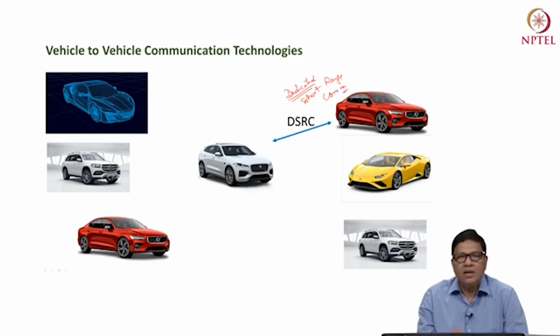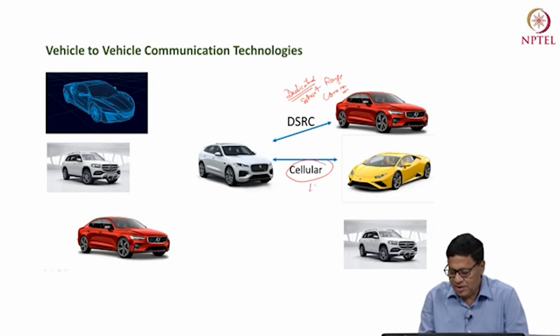We have a standard for this DSRC. The other option could be cellular, for example LTE, that's the standard for vehicular communication. You use the LTE framework or LTE network for communication between two vehicles.